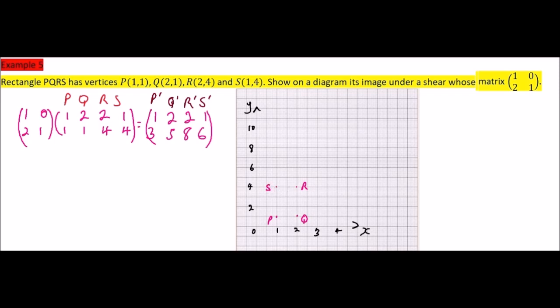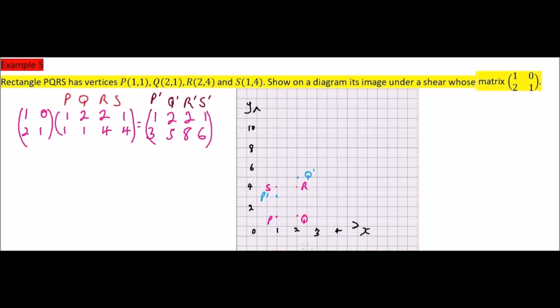Let us also identify the points of our image. P prime is at 1, 3, so that is where we have our P prime. Then our Q prime is at 2, 5, and that's our Q prime.